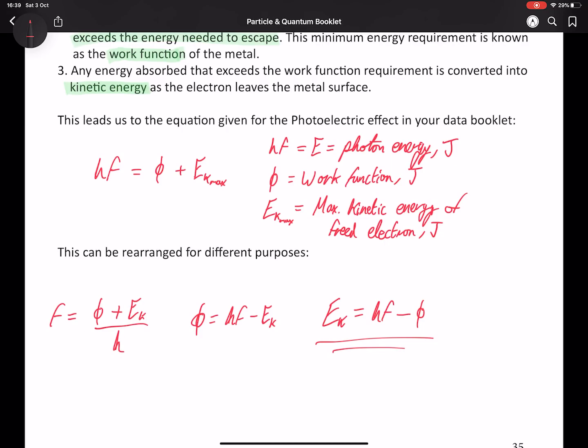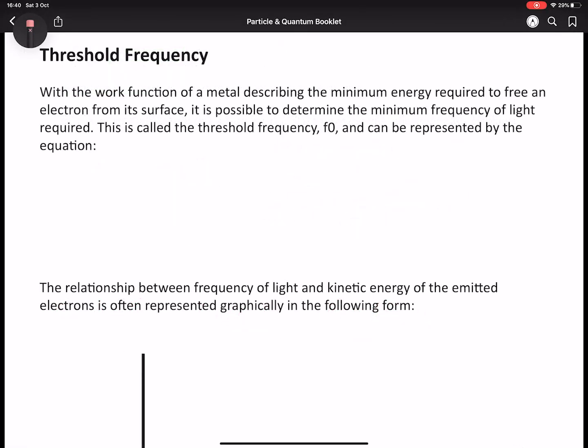Now let's look back at the frequency equation for just a moment. We have a situation where an electron can be liberated from the surface but have no remaining kinetic energy. That would tell us the exact frequency needed for that work function to be met. So we refer to this as the threshold frequency, f with a subscript 0.